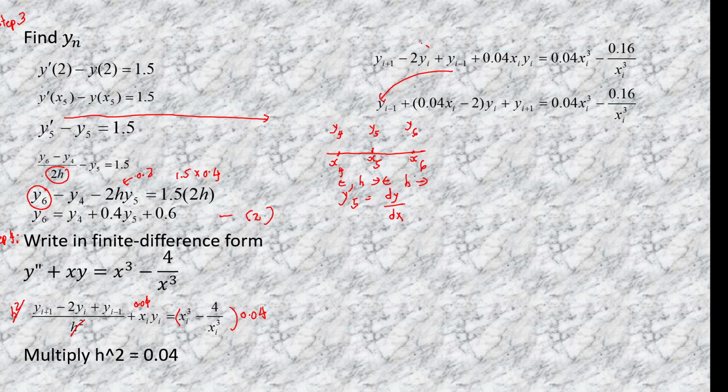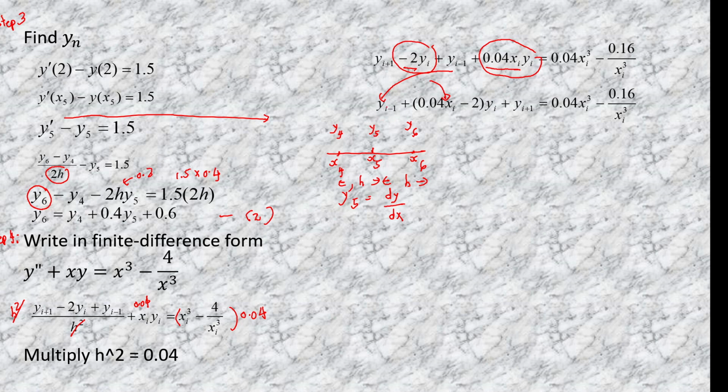The term yi has two terms, collected together, so that one is positive. The coefficient for yi is actually 0.04 xi minus 2, which comes here. And yi plus 1 is only one term. So this is the finite difference formula that we obtain.